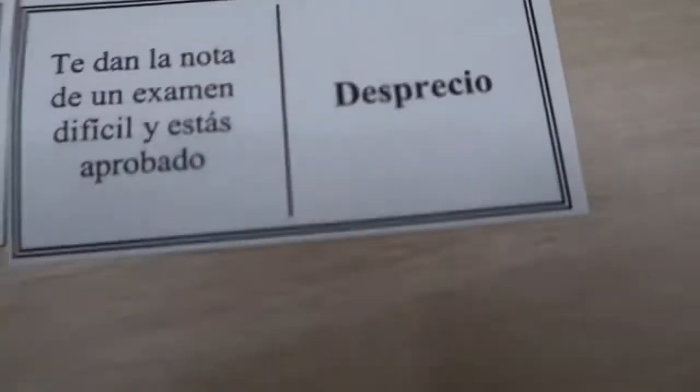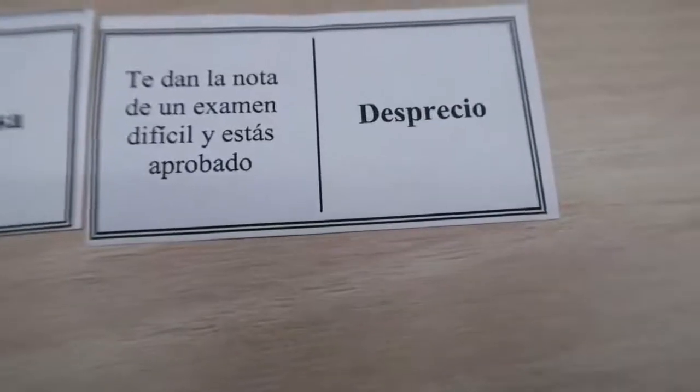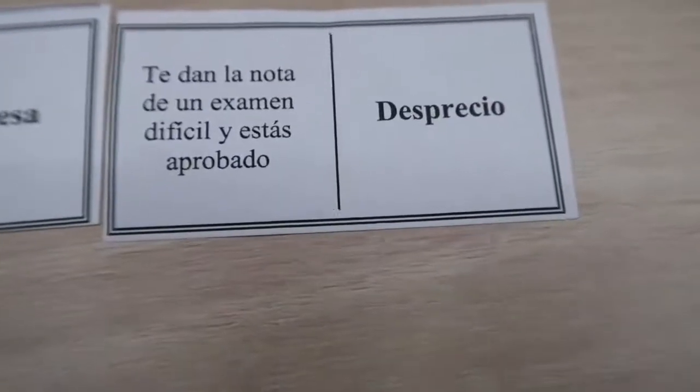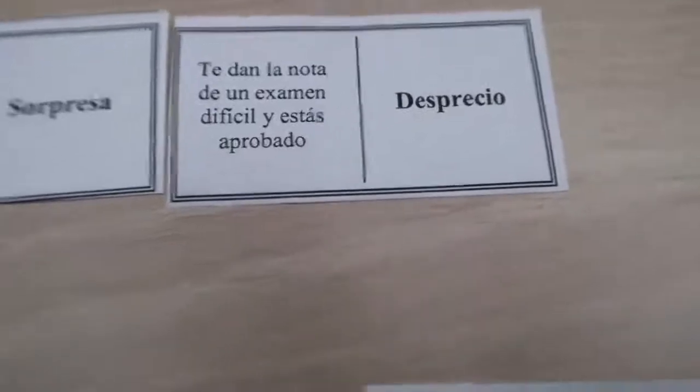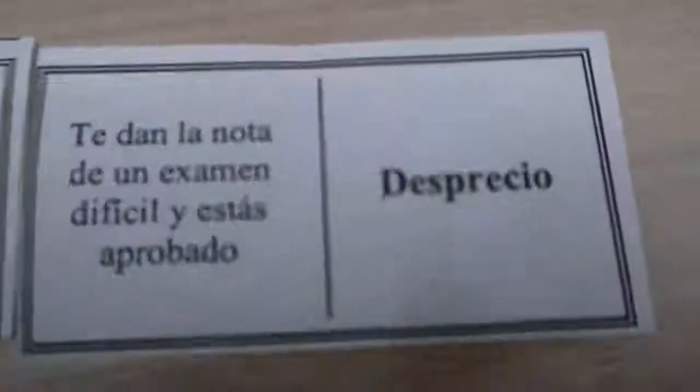Okay. I don't think we talked about desprecio. How would we translate desprecio? Looking down on someone? Yes, to snub someone or to slight them. That's desprecio. I think we say snub as well.